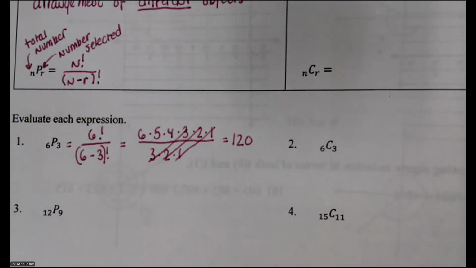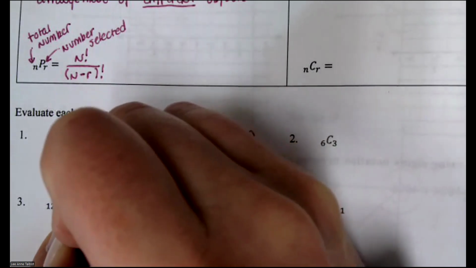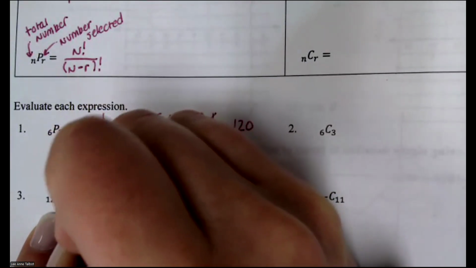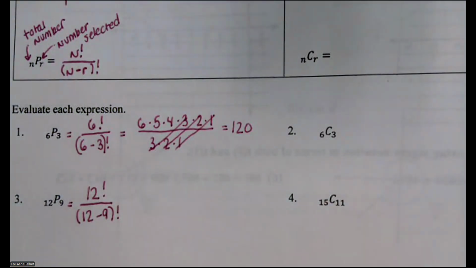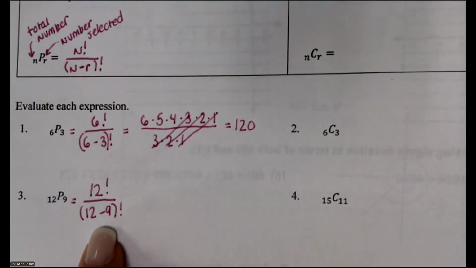Okay, now this guy is spicy because the numbers are big. So 12 factorial over 12 minus 9 factorial. Okay, and I'm already getting lazy. Do you guys know that the bottom is going to be 3 factorial?